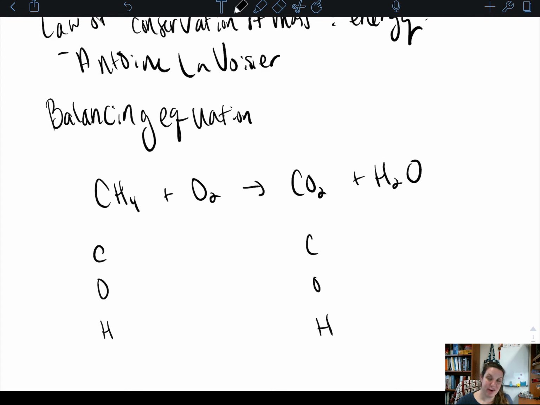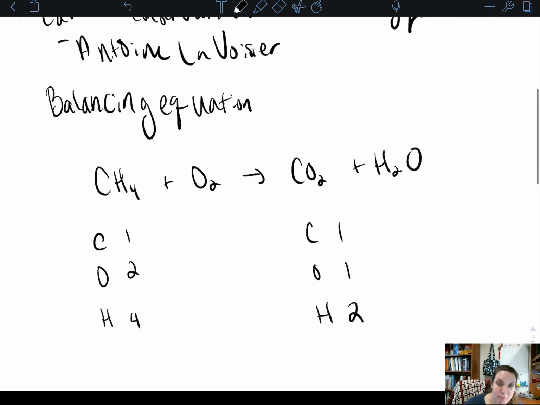The number of carbons, oxygens, and hydrogens should be the same on both sides. So we have one carbon on the left side, one carbon on the right side, good times. Two oxygens on the left side, one on the right, less good. Four hydrogens, two hydrogens. Again, not very good. So with balancing equations, we want to take this reaction and make sure that both sides have the same number of carbons, oxygens, and hydrogens.